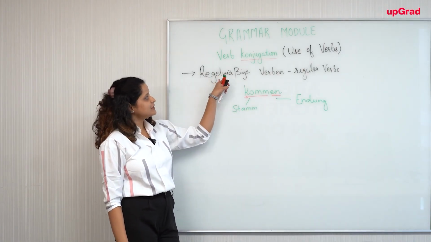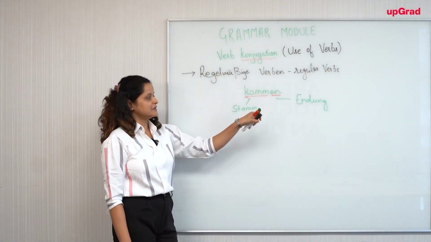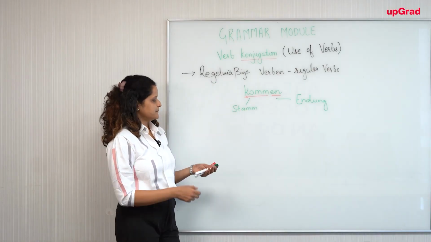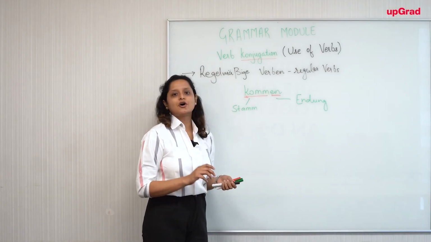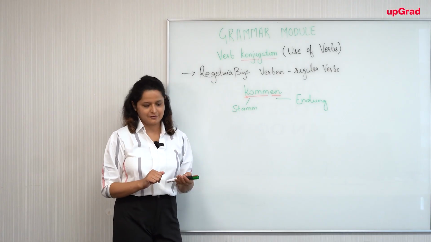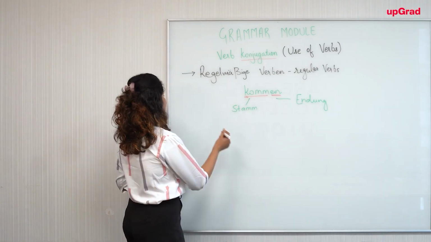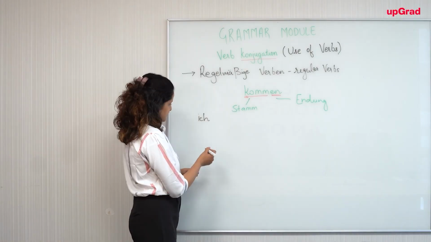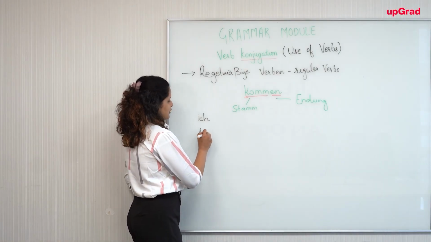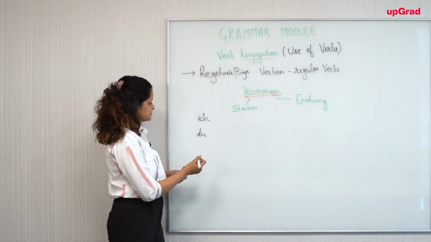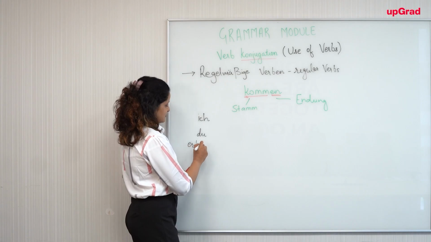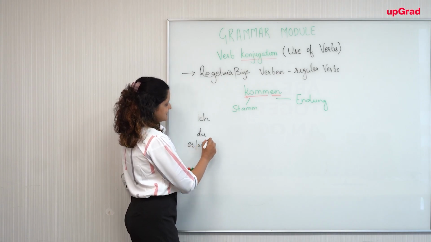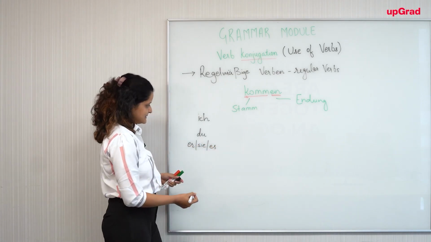Now, when we conjugate regelmäßige Verben, that is regular verbs, we conjugate first on the basis of the pronouns we have learned previously. We first write down the pronouns. Your first person pronoun, ich. Your second person informal pronoun, du. Your third person masculine er, feminine sie, and neutral es.